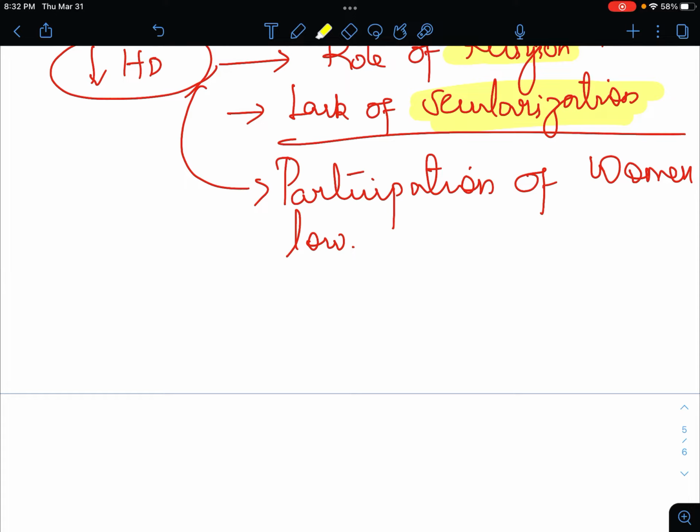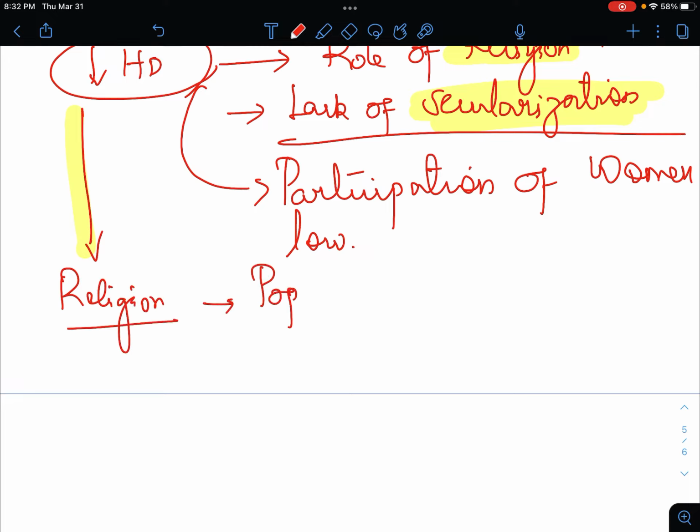Okay. The third thing is, again, the religion controls the population. So despite having high economic development, the population is still high.